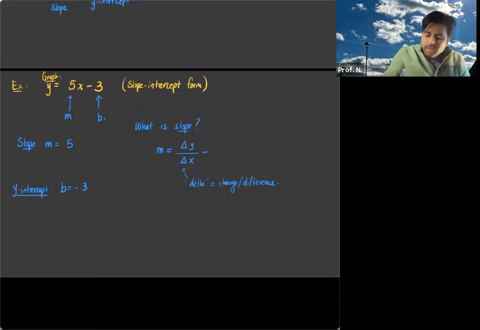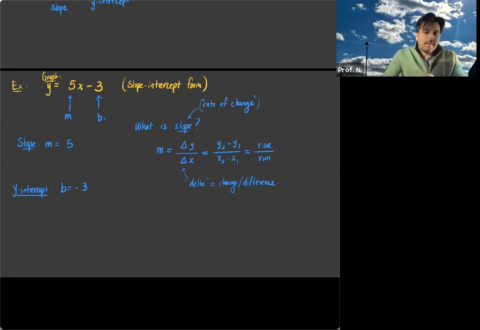So what we're doing is taking the y values, subtracting them, and taking the x values of 2 points and subtracting those. That ratio represents the rate of change, or the slope. One way to express this is rise over run.